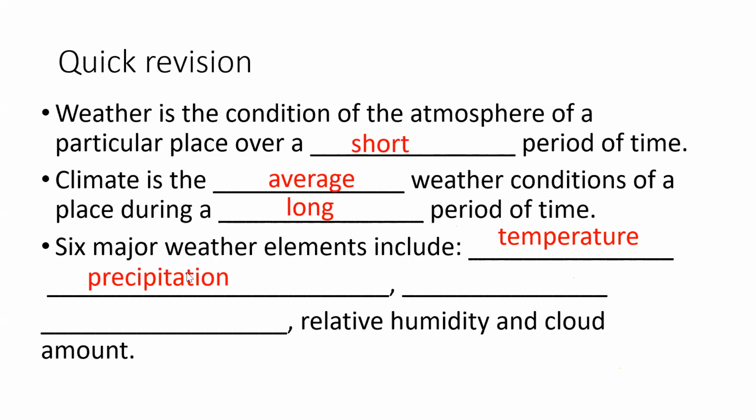How about other answers apart from temperature? Any other answers? Okay. Wind. Yes, wind. And then the last one is air pressure. Drizzle is precipitation. So drizzle, fog, and rain belong to precipitation.